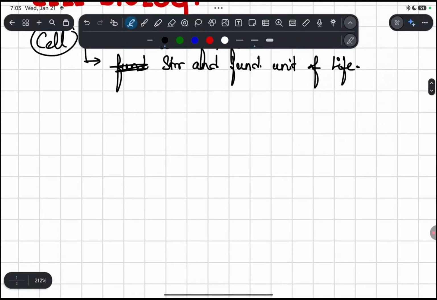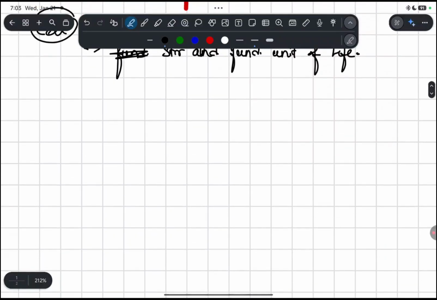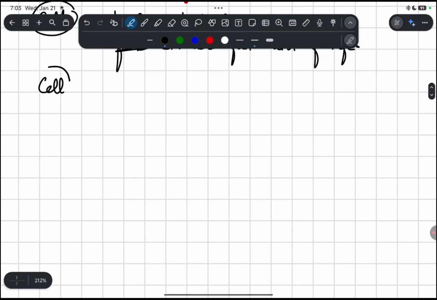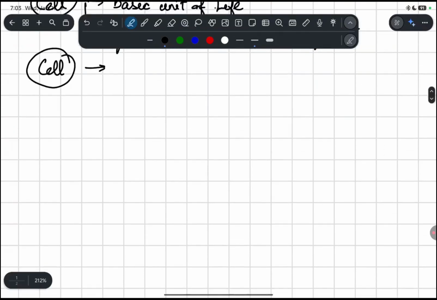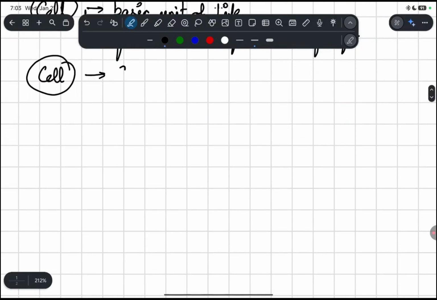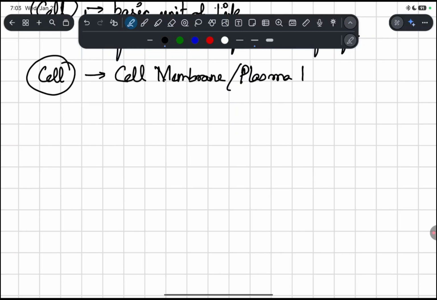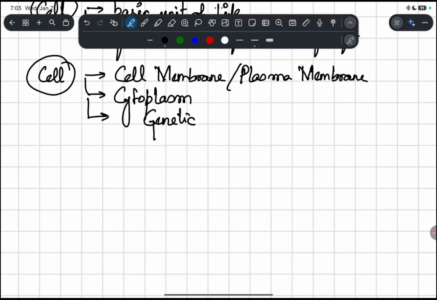So what are the points through which we can call something a cell? A cell must have three basic criteria. First, it should have a cell membrane or plasma membrane. Then it should have cytoplasm, and then it should have genetic material, that is DNA and RNA.